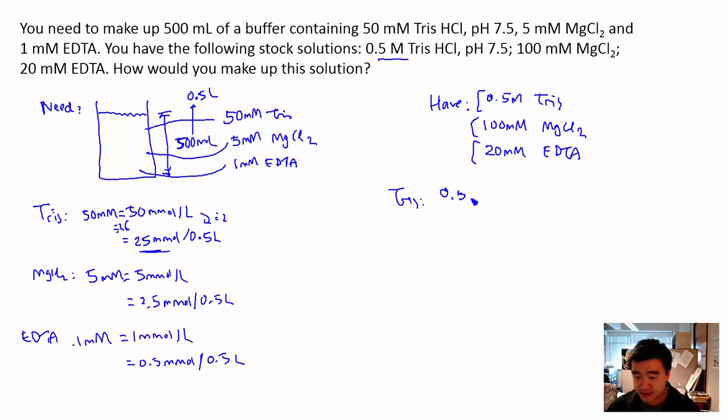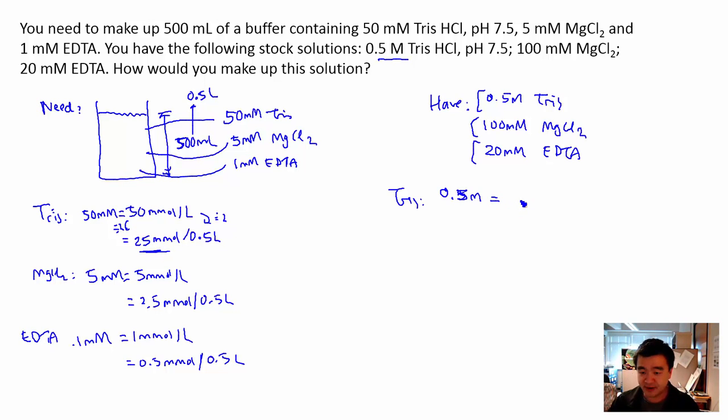We have 0.5 molar, and we may have purchased this Tris from a manufacturer, and on the bottle you may have 0.5 molar written on it. We need to figure out how much of this 0.5 molar solution we need to take out in order to give us this 25 millimoles of the Tris.